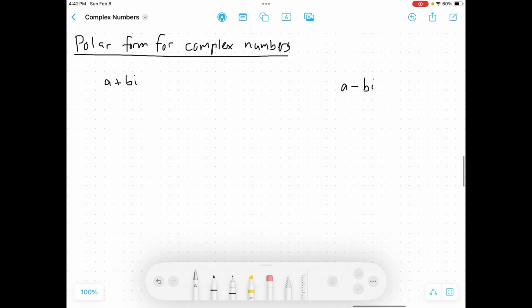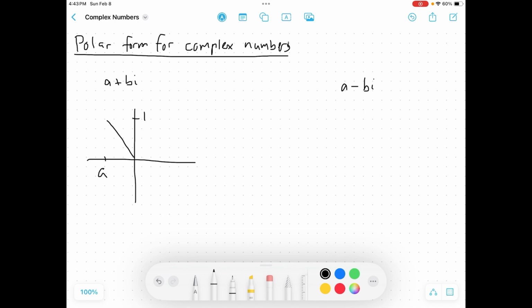To go further and see some of the cool geometry that's going on, we should talk about the polar form for complex numbers. So, a complex number, and I'm going to draw a plus bi over here, so we'll say that a is negative, and then we have our b here, so this is the real axis, and this is the imaginary axis.